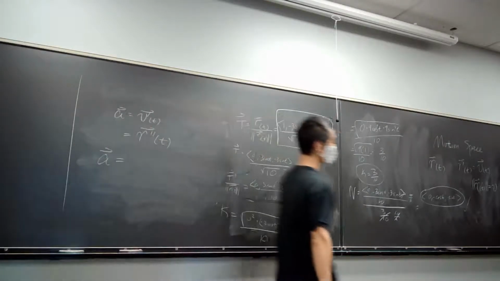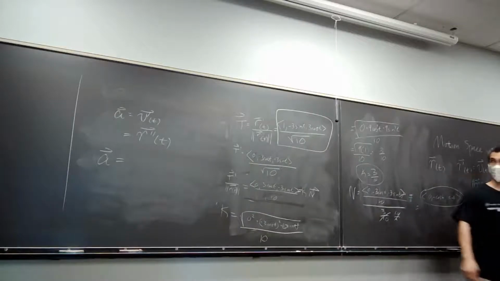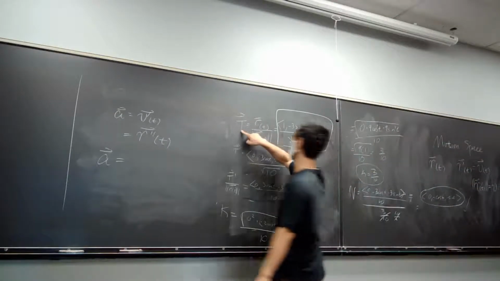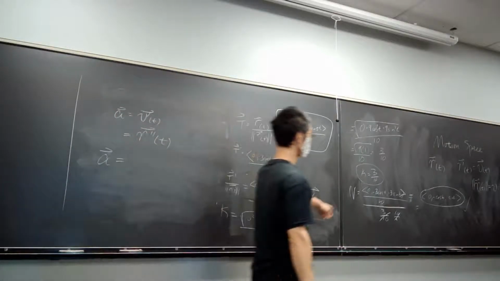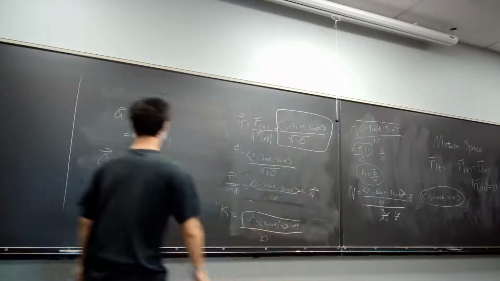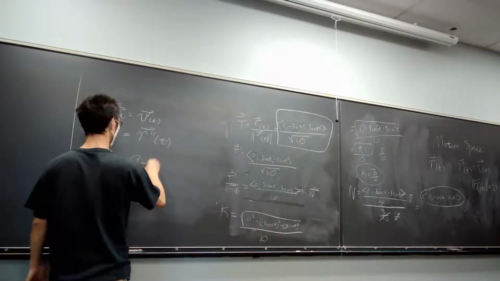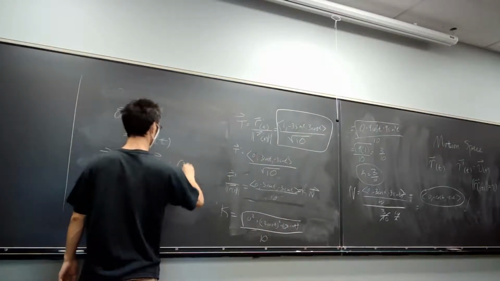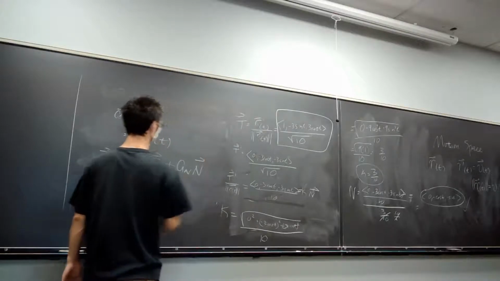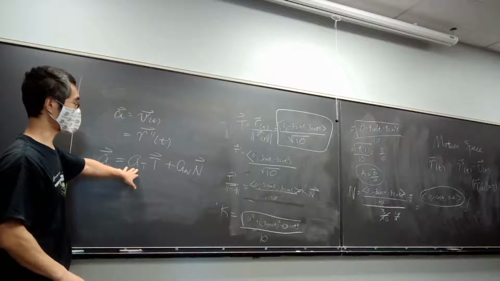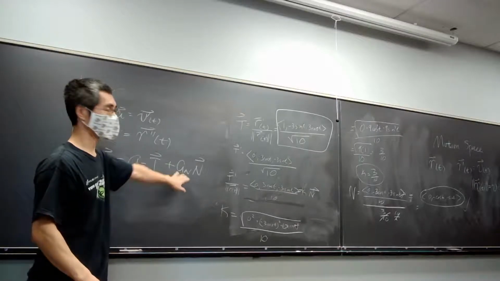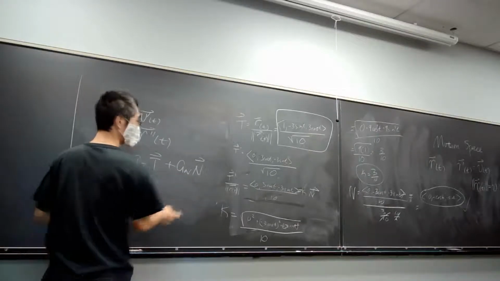The tangent direction is along V, which is along T, because T is in the same direction, right? And normal direction is along this N here. So you can write down AT times T plus AN times N. And this AT is the tangent component of the acceleration, and this AN is the normal component. And T and N are perpendicular vectors.